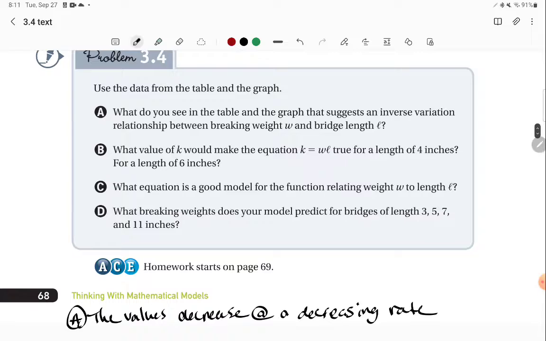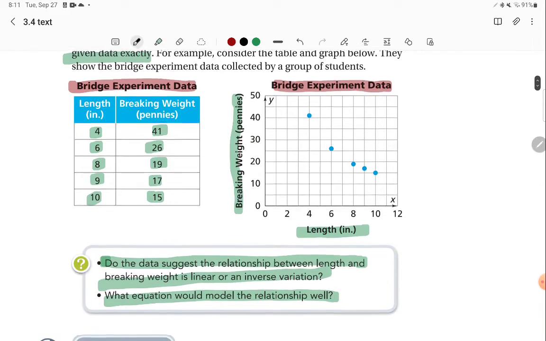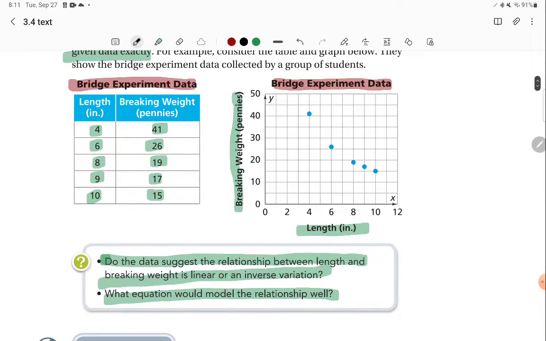Now let's take a look at B. What value of K would make the equation K equals W times L true for a length of 4 inches, for a length of 6 inches? So we're looking for that value of K. Think about what your equation would be if we were trying to find that constant, and if it is an inverse.